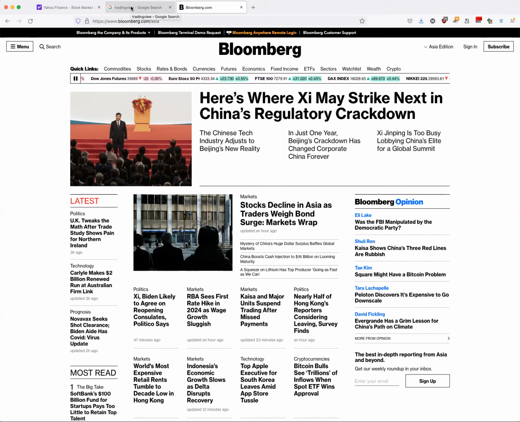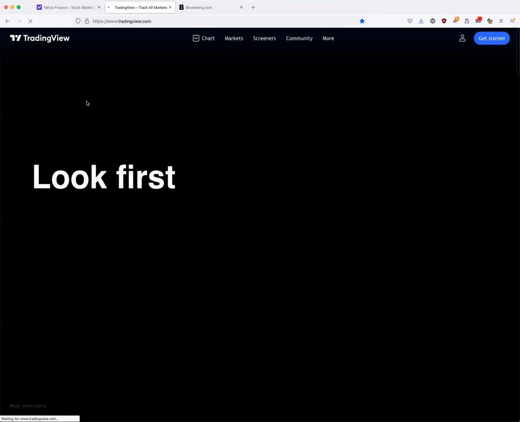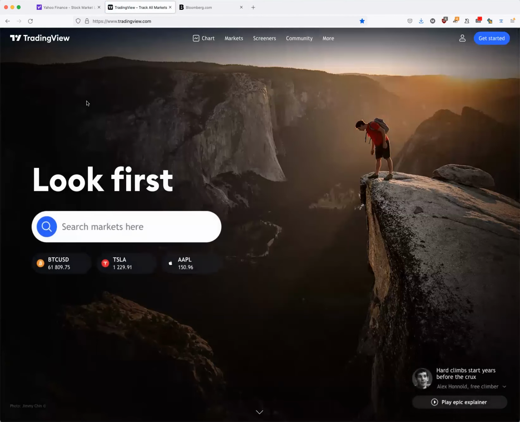For that, I want to take you to a very commonly used platform for scanning. It's a screener. This is the TradingView platform, which is freely available. You don't have to subscribe. It's probably one of the most advanced free screening platforms available.